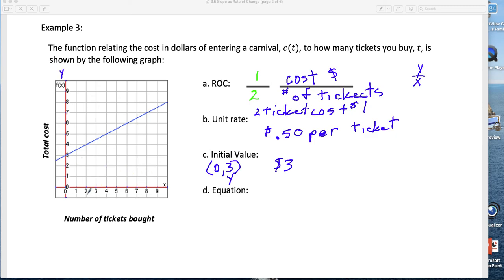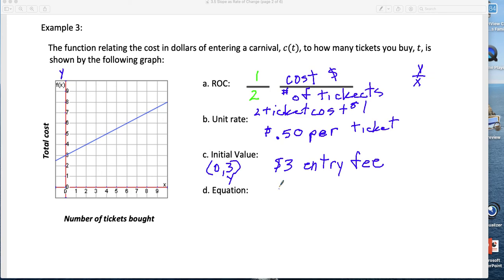It means that in order to get into this carnival, I had to pay $3 to get in. After I get in, then I can buy tickets. So $3 is my entry fee, or my flat rate, or my fixed cost. It's my initial value, just to get into the carnival, nothing else.